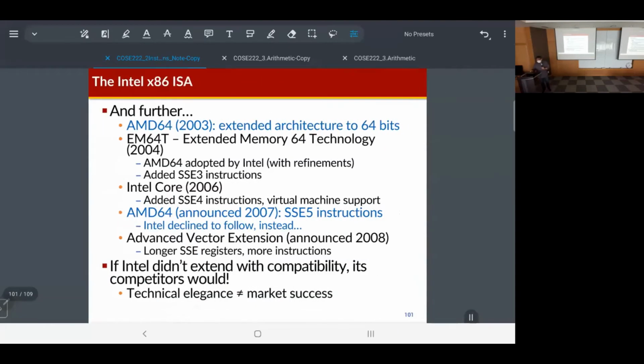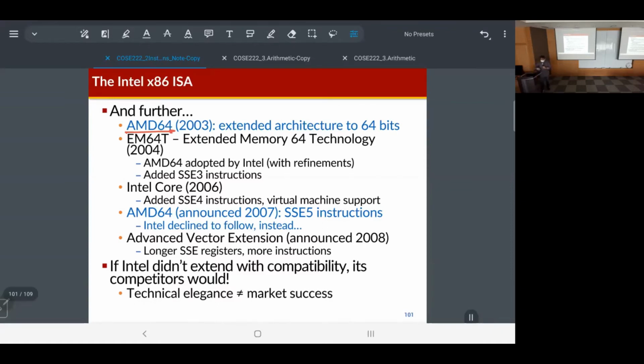Actually, the 64-bit x86 ISA was developed by AMD. AMD developed AMD64, the extended x86 instruction set architecture that supports 64-bit data.